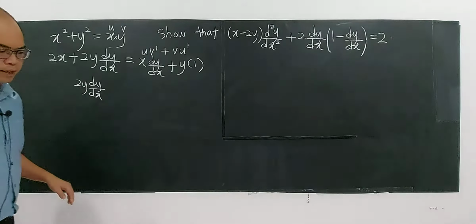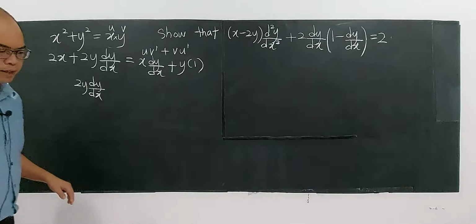So x minus 2y times dy/dx plus y equals 2x. This is my first order differential.